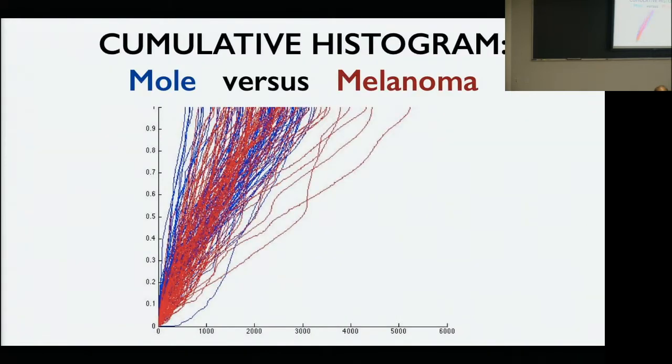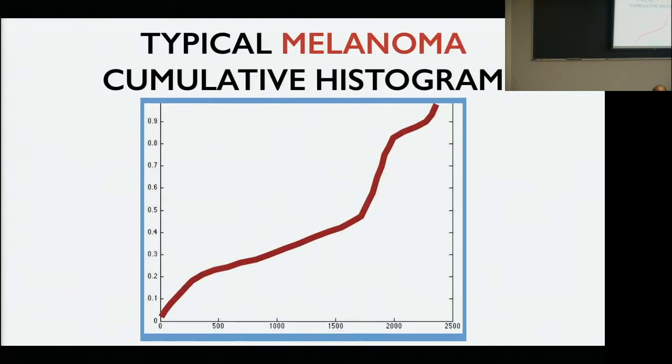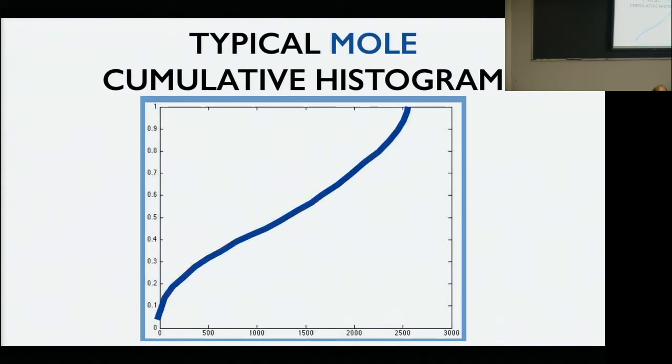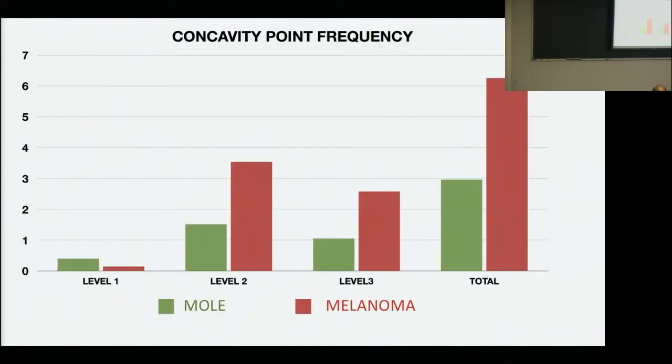And when they graphed them initially, it looked like there wasn't much difference. So these are cumulative distance histograms. But when they looked at the shapes of these, they found that the shapes of the cumulative distance histograms of the melanomas were much more convoluted in some sense than the moles, which were more monotone. And so they got some reasonably good results on characterizing it.